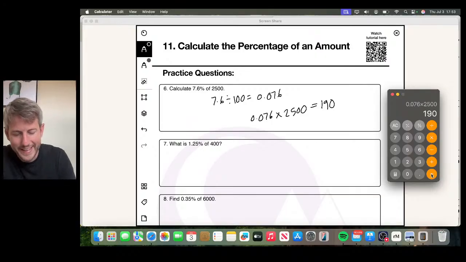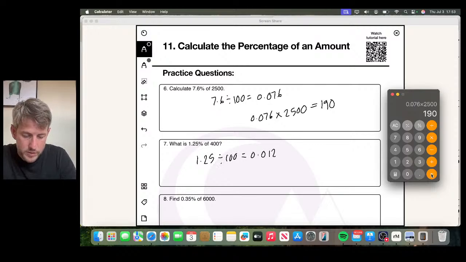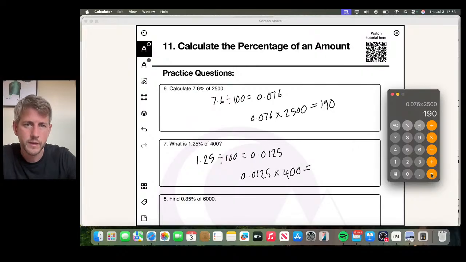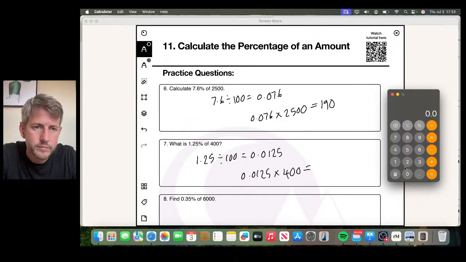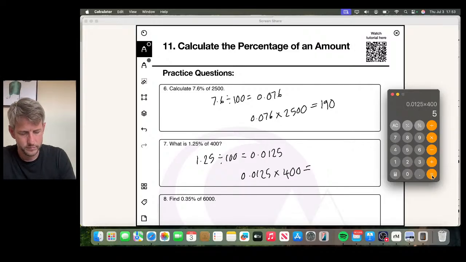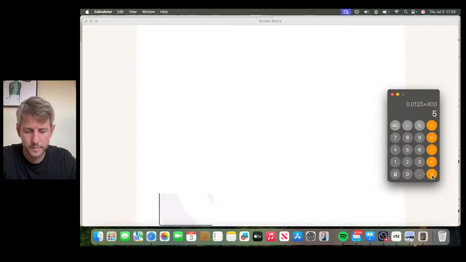The next one we've got here is 1.25 divided by 100 equals 0.0125. 0.0125 times 400. Let's find that. Okay.